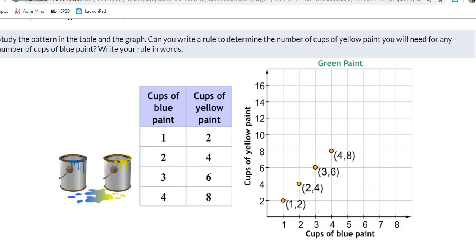So write what you said under 1A. Cups of blue paint is getting multiplied by 2 to get cups of yellow paint.